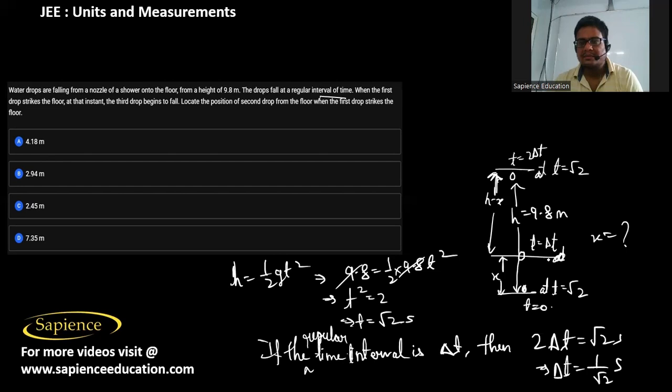So the time interval for which the second ball has fallen, t1, is root 2 minus delta t, which is root 2 minus 1 by root 2 seconds. For this time, how much is the displacement of the second drop? That is h minus x.